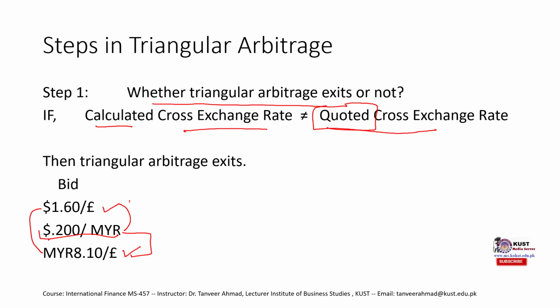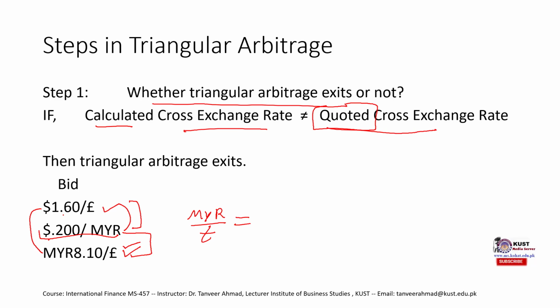So we would use these 2 exchange rates to find out the calculated cross exchange rate of this currency. This currency is written in this form, MYR divided by pound. So we need to write these exchange rates in a way that Malaysian ringgit is always in the numerator and the pound is always in the denominator. Let's take the first currency.